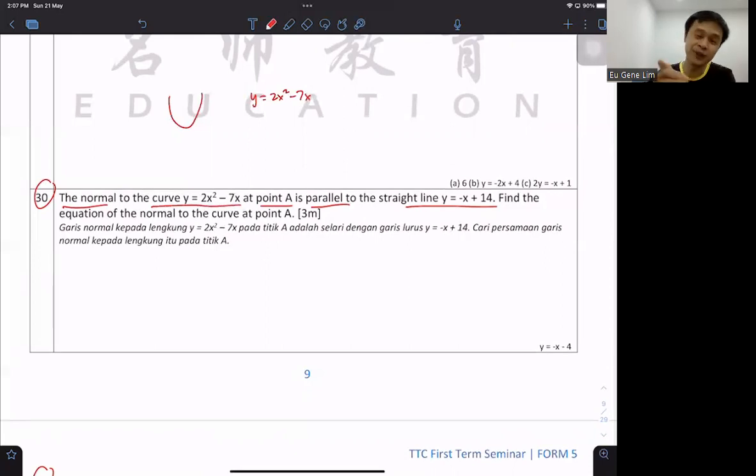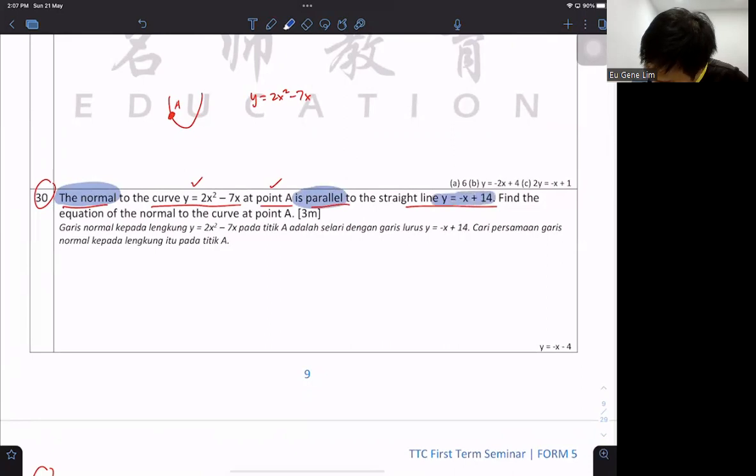I told you just now, always draw the same pattern. So first you have a curve. Then you have a point A, let's say here. Now the question says the normal is parallel to this line.